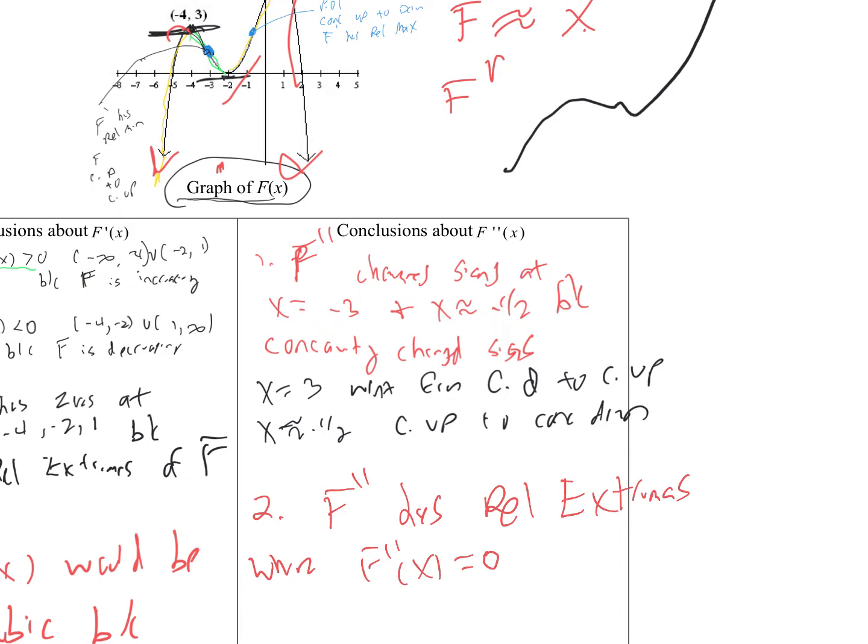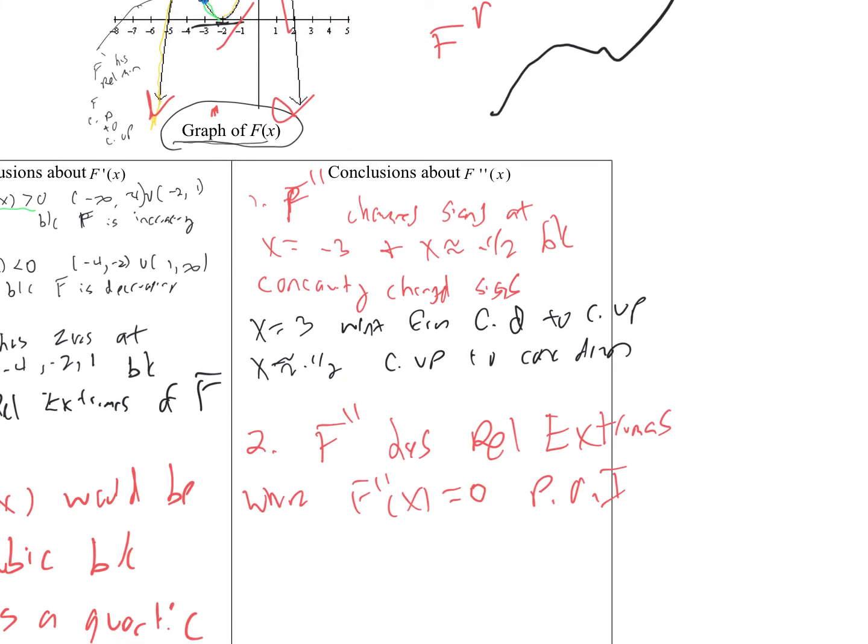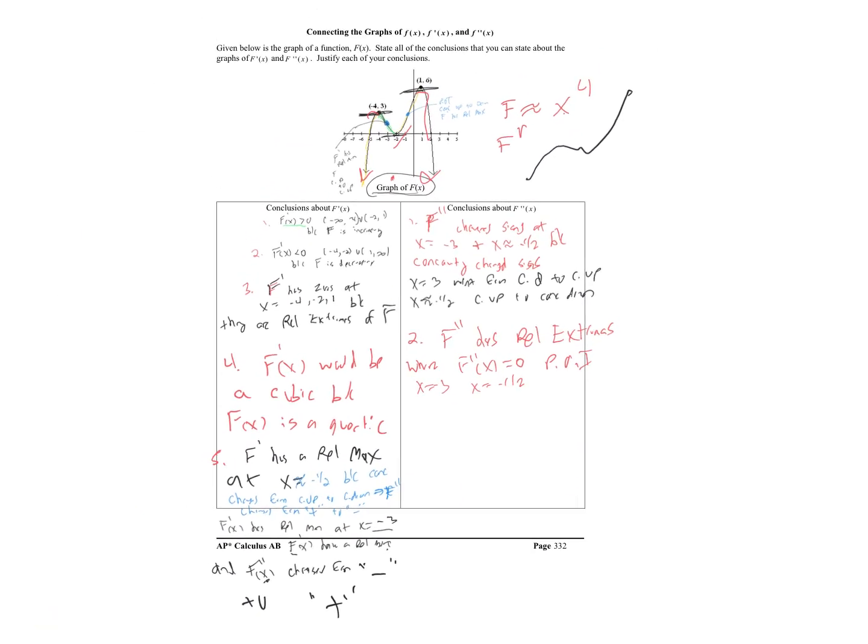The zeros occurred at the points of inflection. Again, the second derivative is 0 at x equals -3 and x equals negative 1/2. All right, we shot that up a lot.